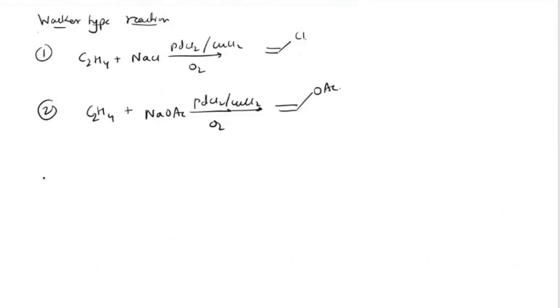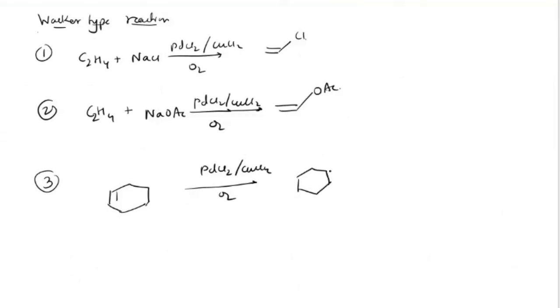Okay, as another application, suppose you have a cyclic compound like this, again under Wacker-like conditions, and of course water here, you will get cyclohexene to cyclohexanone. There are many such applications of Wacker type reactions. So these are a few examples. Okay, so this is your Wacker process.